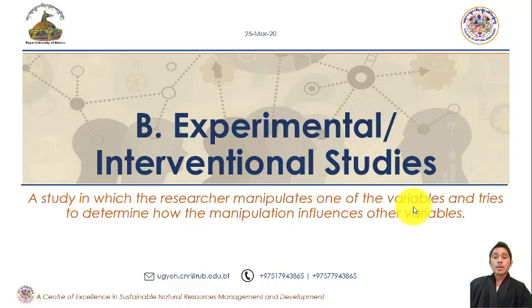So let's say for one tree, we start with 10 kilograms of treatment, or 10 kilograms of insecticide.